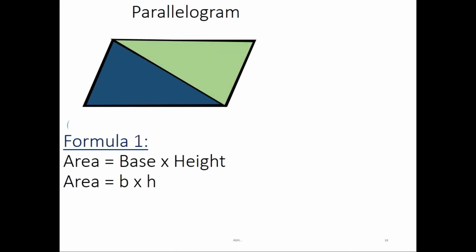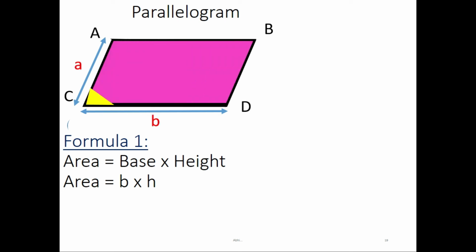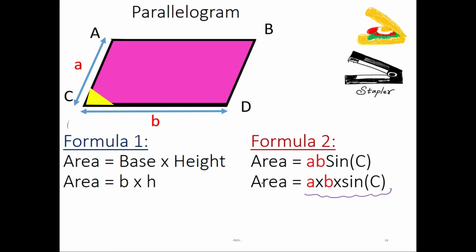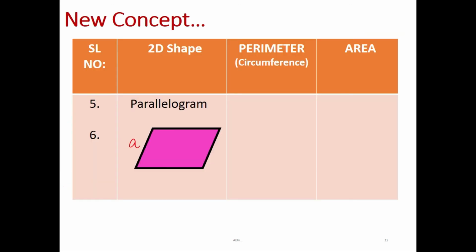When we are given the two sides and again a sandwiched angle there, the formula will be AB sine C. AB sine C, reminding you of the sandwich again. AB sine C. The angle is sandwiched between A and B.